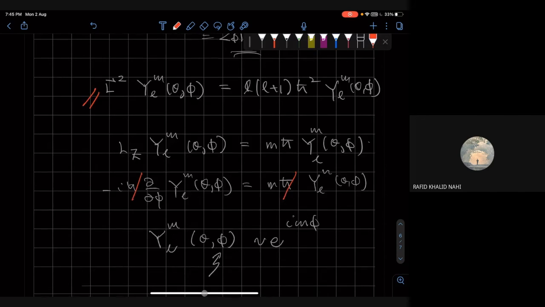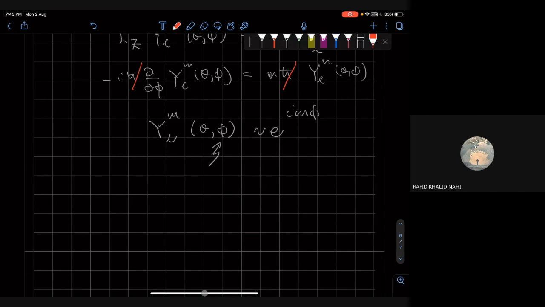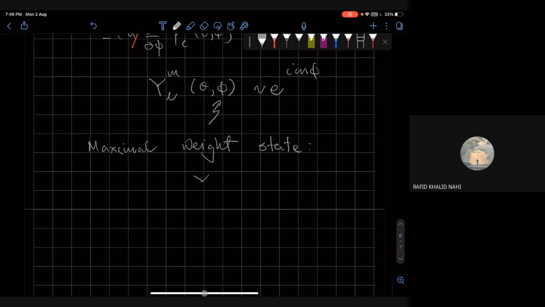So by using the angular momentum algebra and the eigenvalue equations, we can find solutions to this equation without actually explicitly solving it. We are going to use a technique that you will also see used at the end of your analysis of the simple harmonic oscillator, which you are working on right now. So one thing we can do is start with the maximal weight state, the state where the value of m is highest.